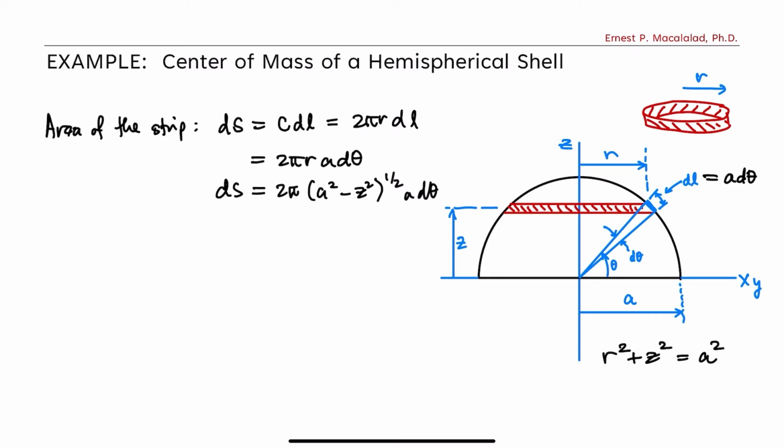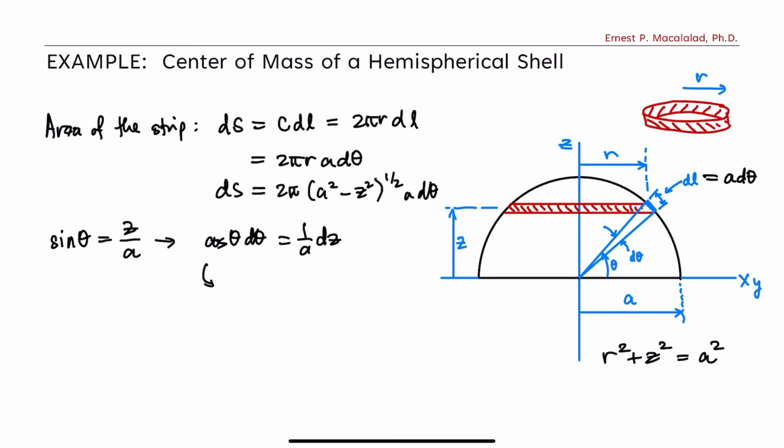Since theta is related to a and z, since sine theta is equal to z over a, if we take the differential of this, we have cosine theta d theta equal to 1 over a dz.